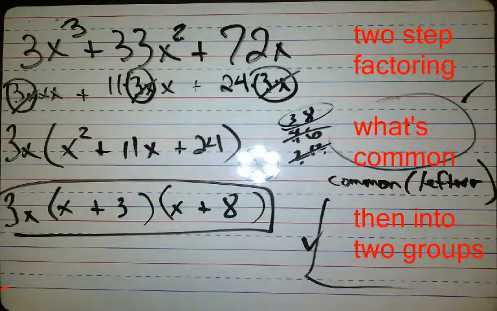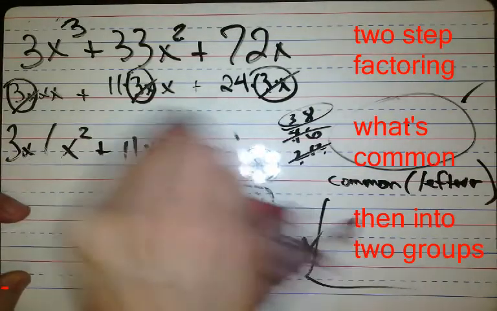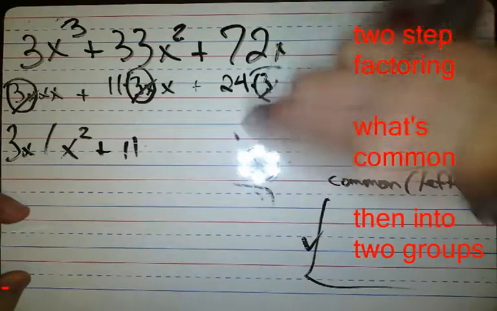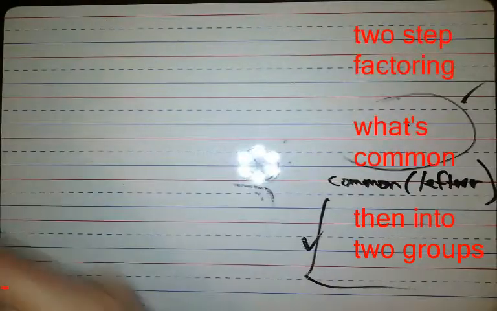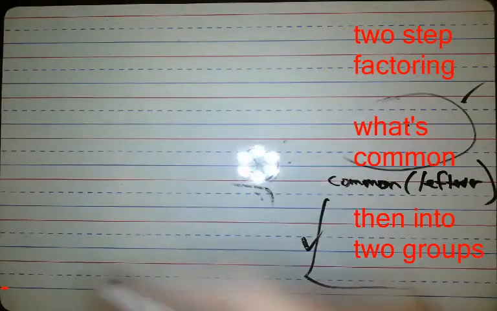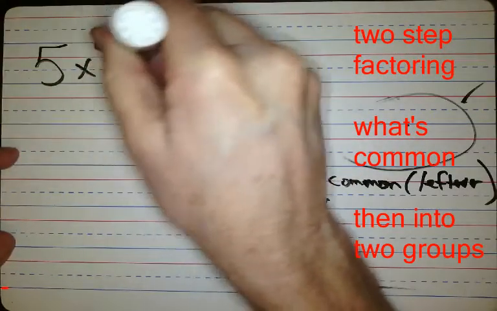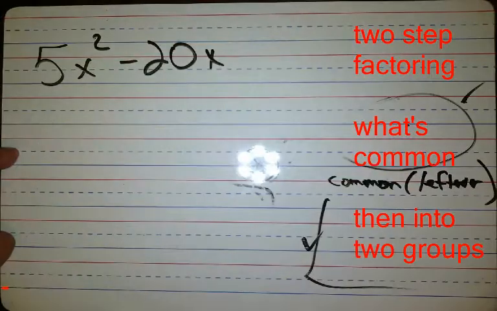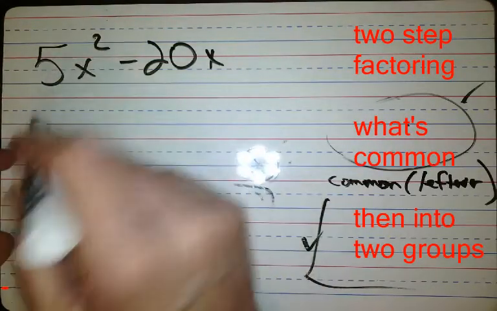Oh, one more example, and then you will be able to do the whole worksheet. Here we go. 5x squared minus 20x. Oh no, there's only two parts. What do I do? Well, I do the same thing. What's common? So it looks like I can divide by 5.